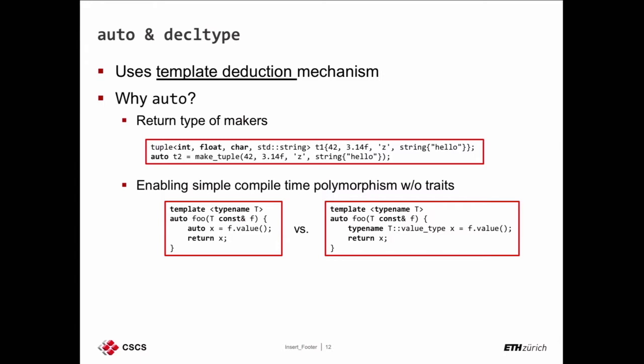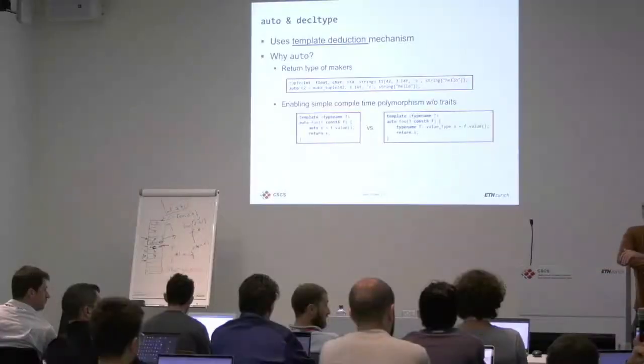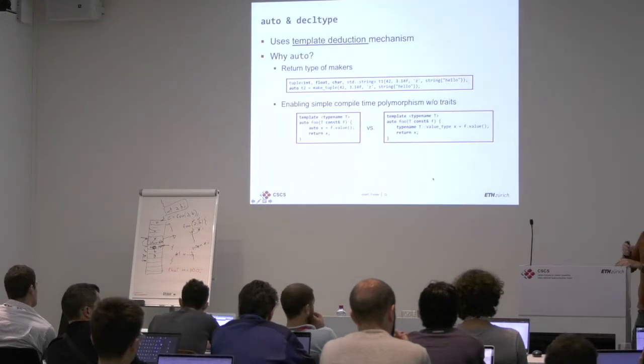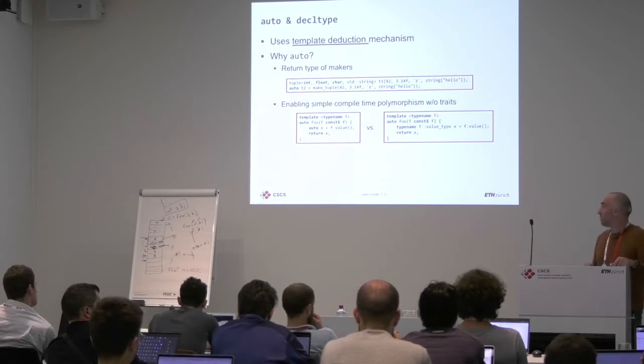Yes, and the compiler by default assumes that in this unknown context the value_type is a value, and the only way to point to the compiler that it's actually a class is to use the typename keyword. Yes, by default, the compiler will tell you, okay, T::value_type is just a value, an integer or something, right? Yeah.